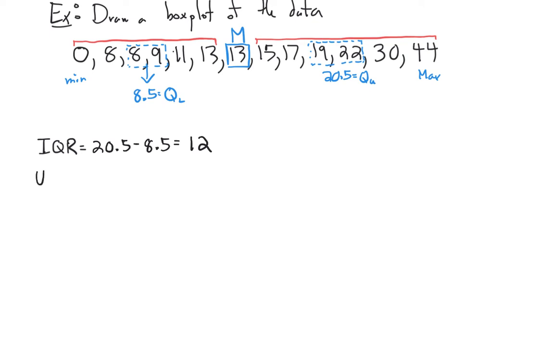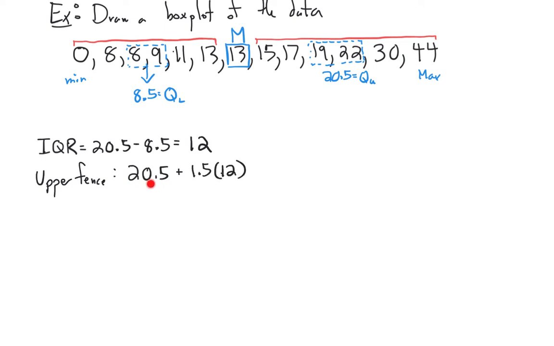Now our upper fence is going to be anything 1.5 IQRs bigger than the upper quartile. So our upper quartile is 20.5 plus 1.5 IQRs. IQR in this case is 12.